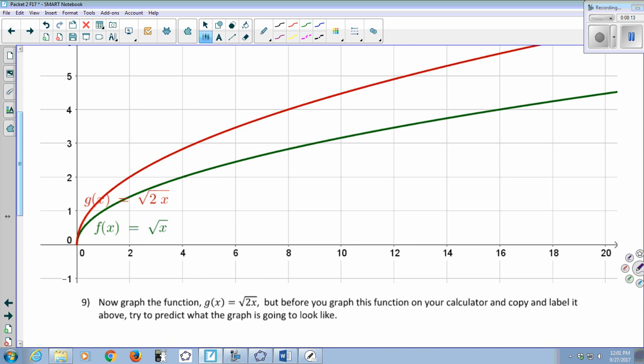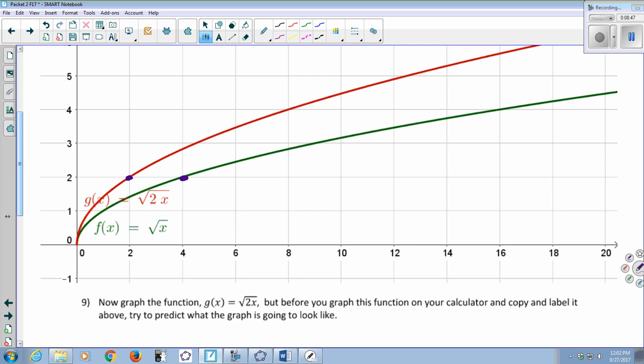So whenever you're changing the x, you're comparing x values with the same y value now instead of y values with the same x value. So I'm going to look at some y values on f and compare its x value to the same y value of g. Let's look at a y value of 2.